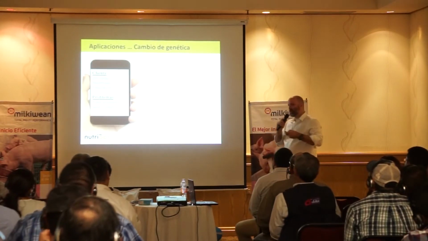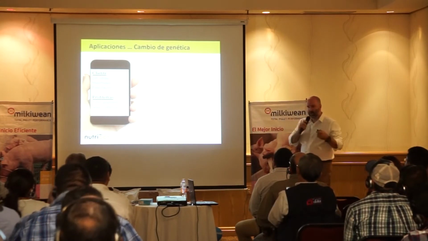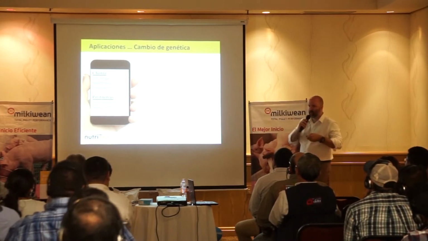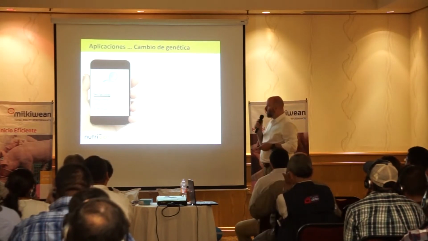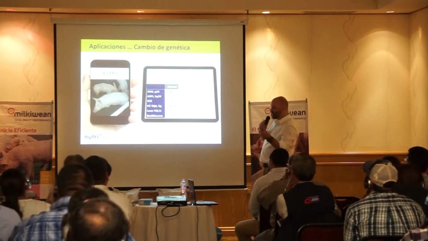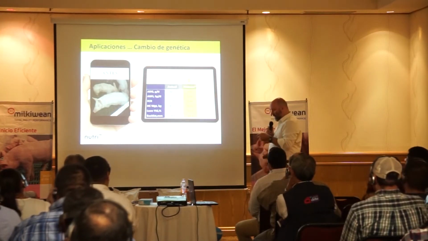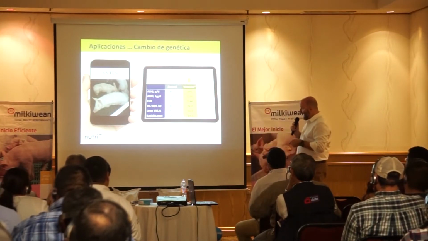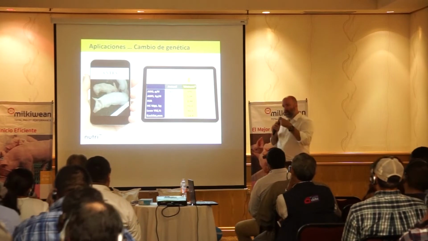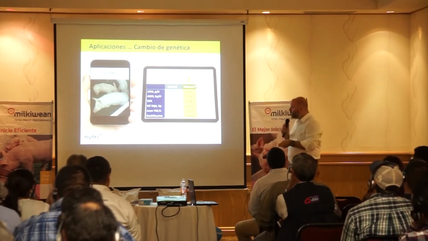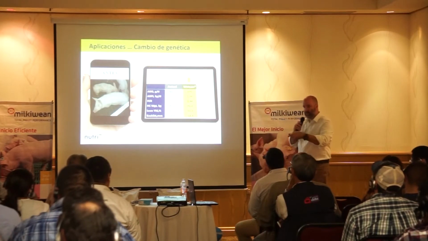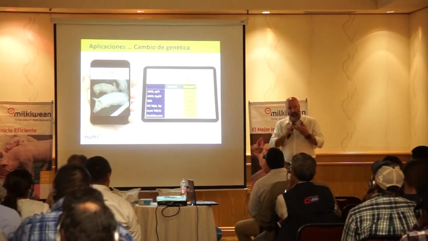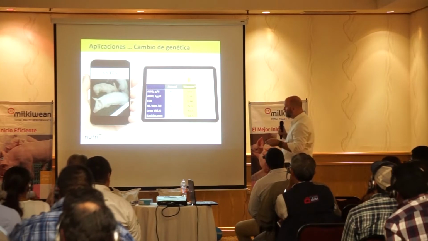Another example is just switching genetics. I'm sure it happens all the time, either wanting to try a new genetic company, or in this case, we had a producer that had a lot of health issues, so they wanted to clean out the barn and bring them back in. What we did was we set up the actual results to begin with, understand what was going on, and then we made the prediction of what these improved animals would be like coming back in with much better health, better environment, and everything else.